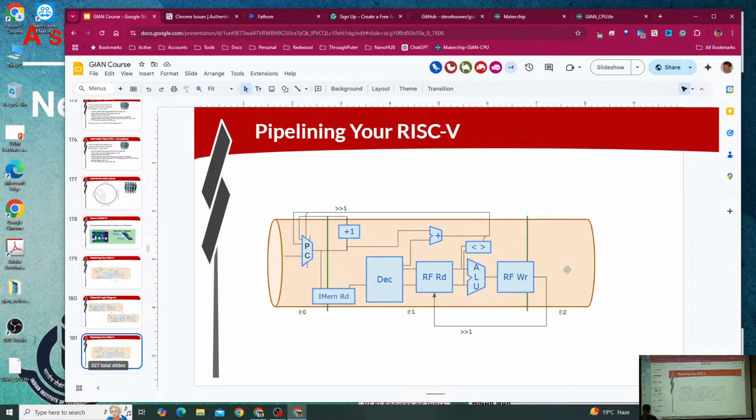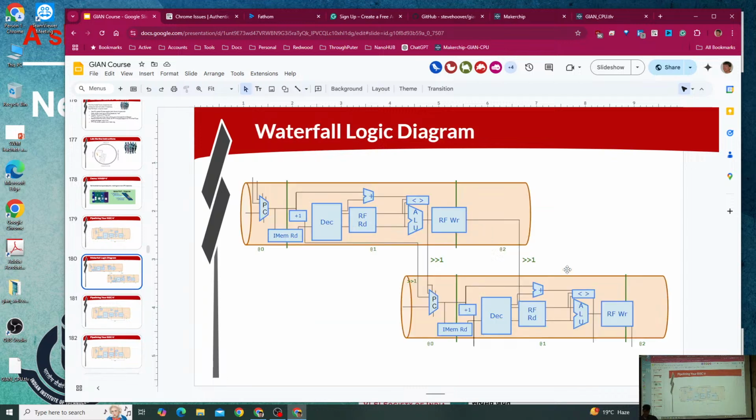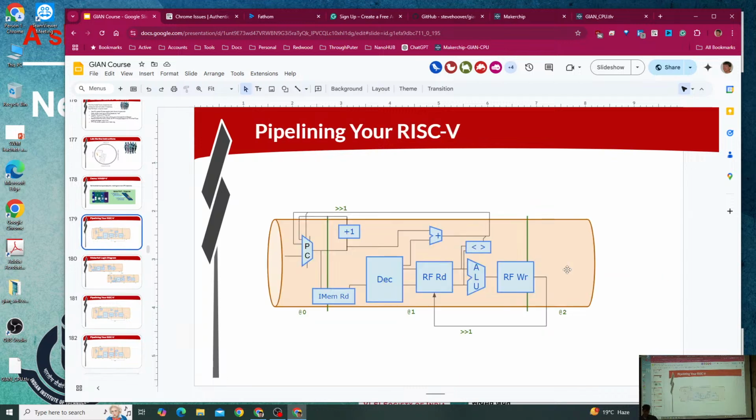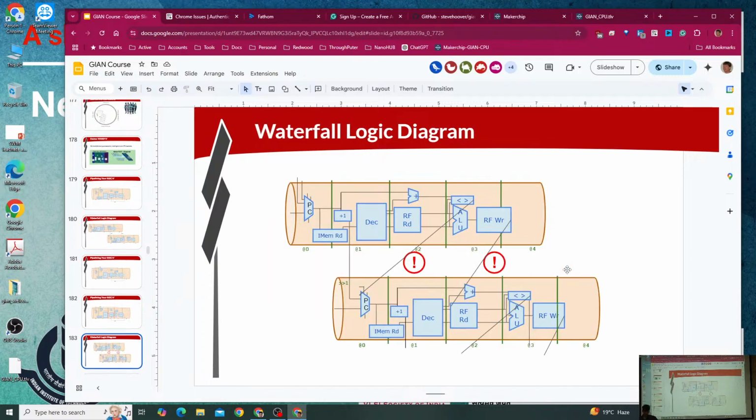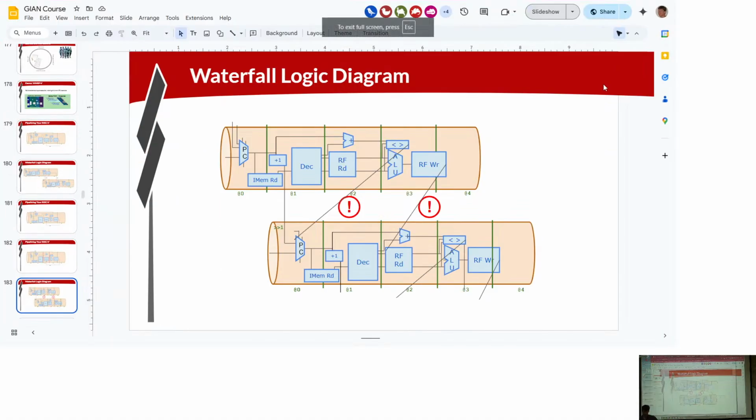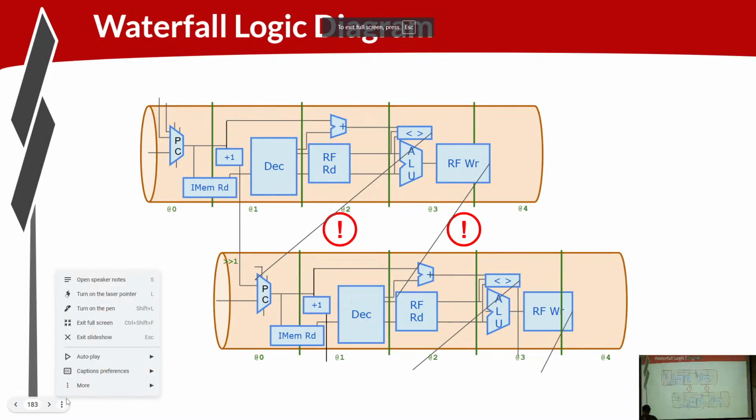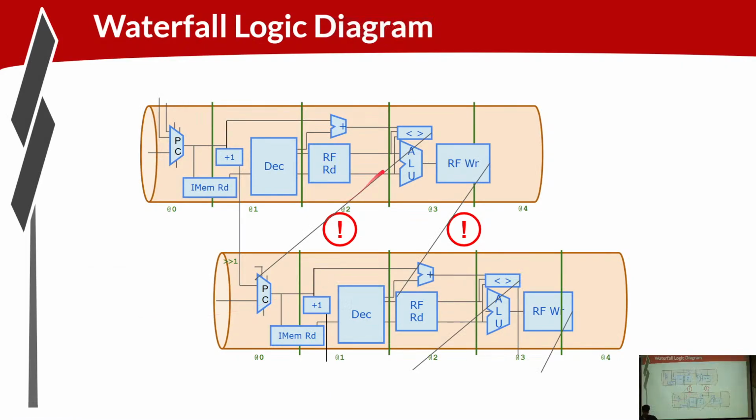So first, this is what we're aiming for. First, we dealt with the hazards: the branch hazard here, and the read after write hazard here.